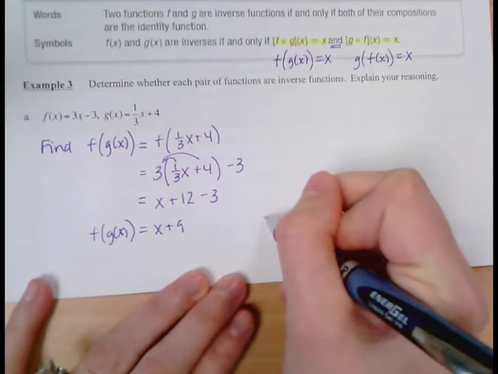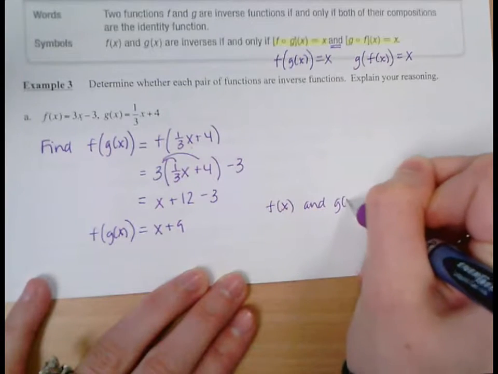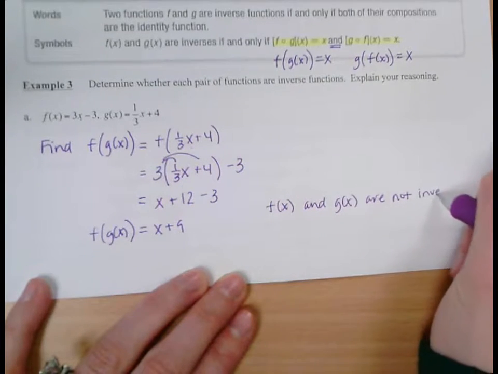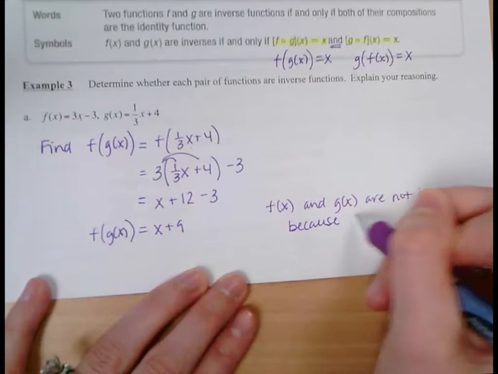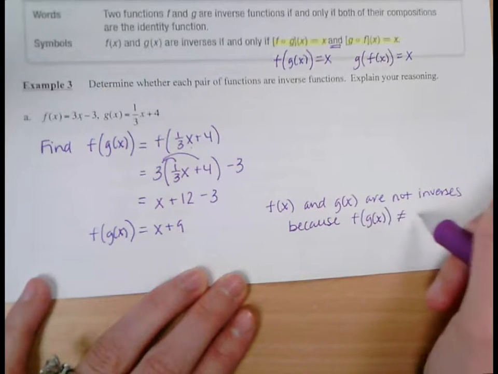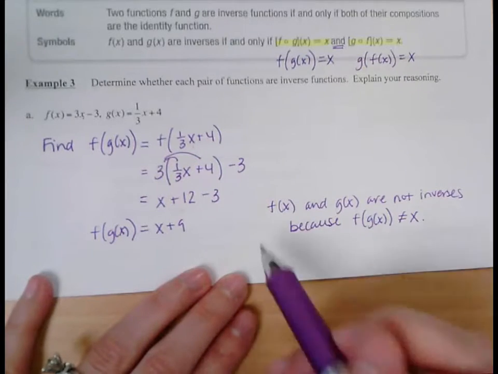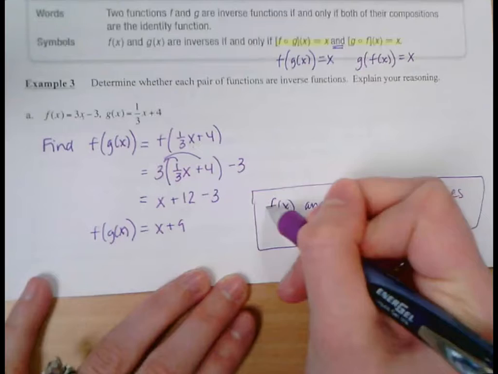So I would say f of x and g of x are not inverses because f of g of x does not equal x. And I've showed in my work what it does equal so that it's clear it doesn't just equal x.